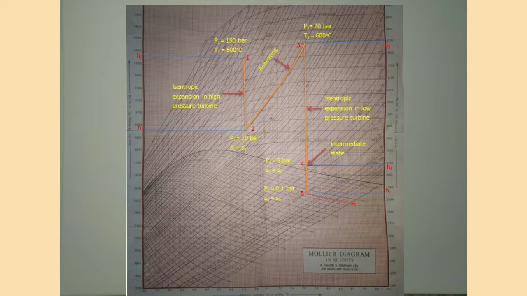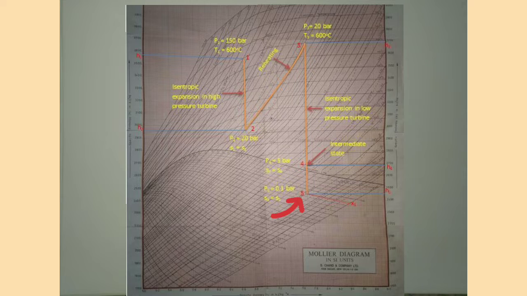Process 3 to 5 is isentropic expansion in the low pressure turbine, that is S3 equals S5. Also, there is an intermediate state 4 at which some amount of steam leaves the turbine and goes to the feed water heater. It is at 5 bar, so we can locate state 4 and enthalpy H4 can be found from the y-axis.